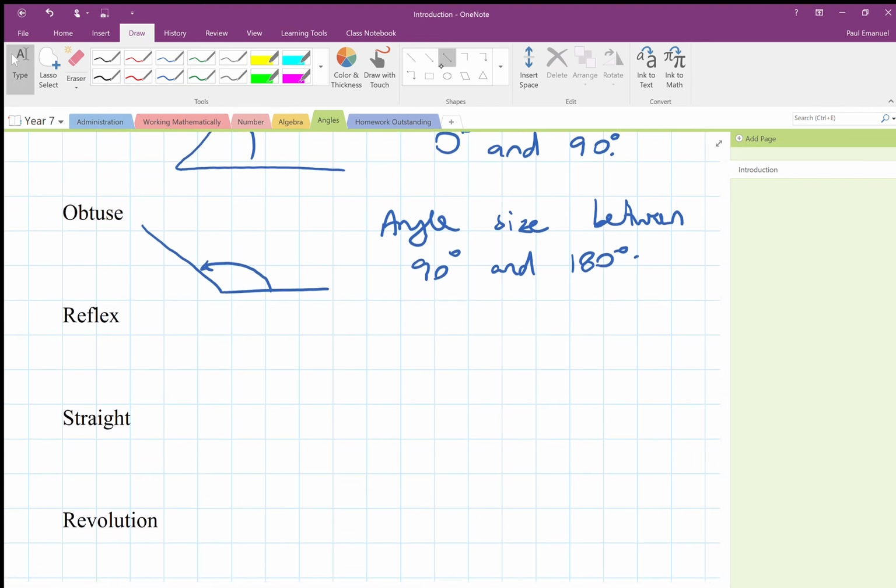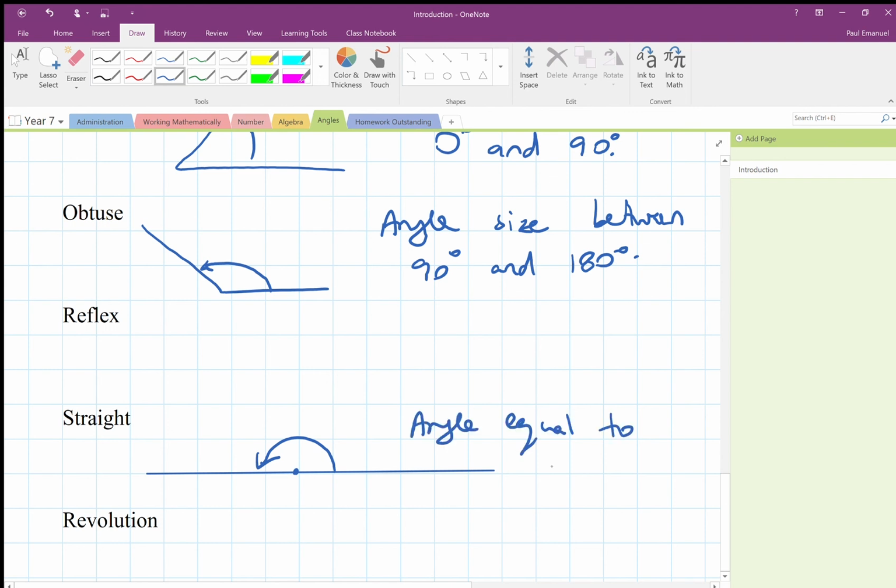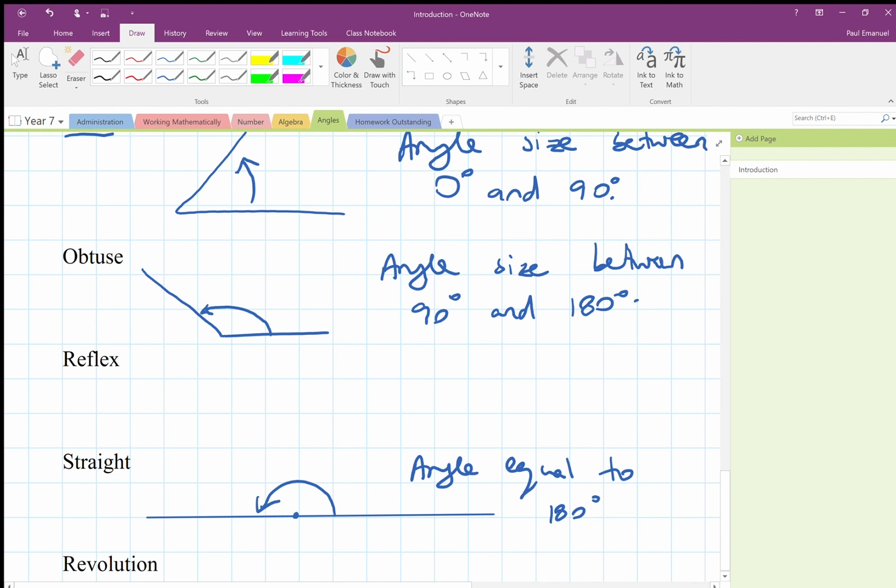I'm going to skip reflex just for a moment so I can do straight, because here's a straight angle. So you've got a straight line, you've got a point where you're measuring the angle, and it's that. It's the angle on a straight line, and it's an angle equal to exactly 180 degrees on a straight line, and we call it a straight angle. I might switch to a different color for a moment. A reflex angle, I think of it as like the back half of an angle.